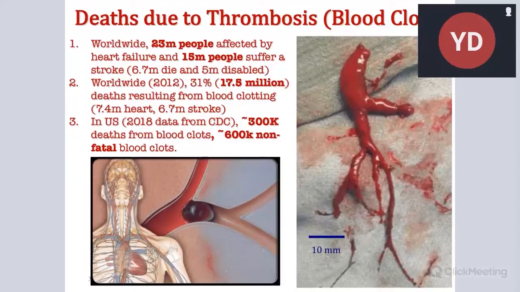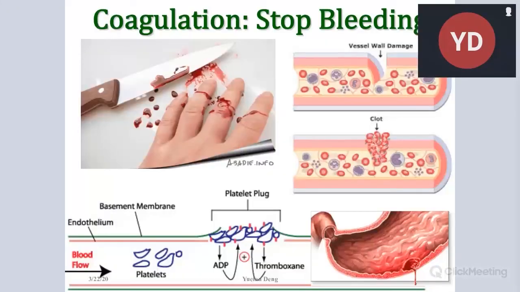Aggregation or clotting is not always bad. It's actually good. Sometimes you need it, you want it. In the upper left corner, if you get a cut and without platelet activation to stop it, the blood will just gush out without stopping. That's serious.